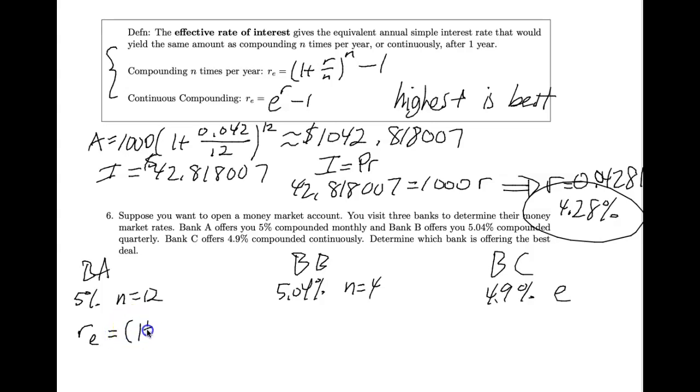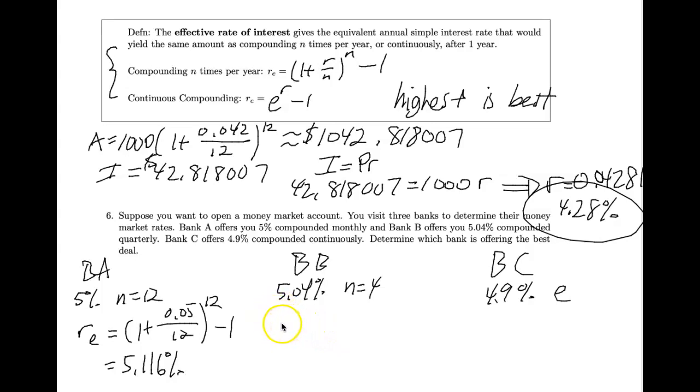So it's going to be 1 plus 0.05 over 12 to the 12 minus 1. And this comes out to 5.116%.